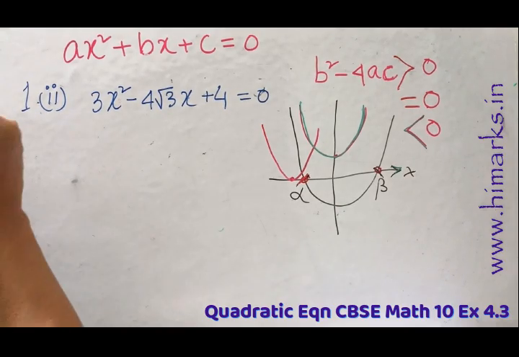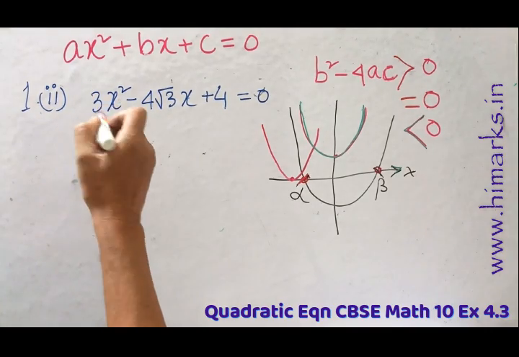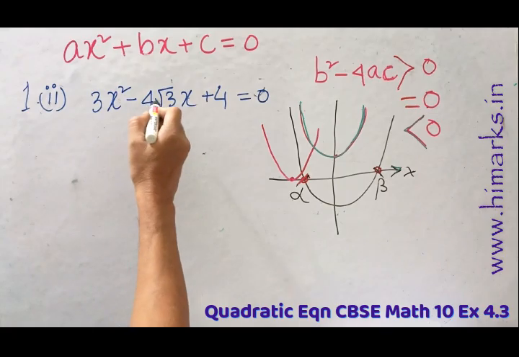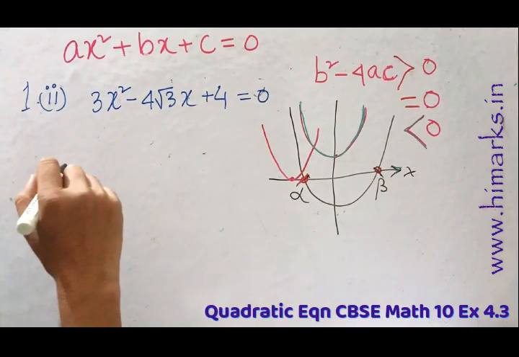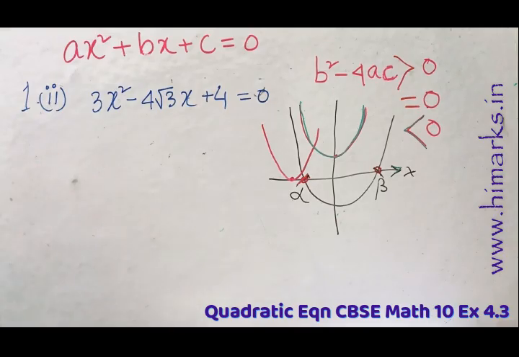So the next question is given: 3x square minus 4 root 3 x plus 4. So what is the process? You have to find the discriminant, b square minus 4ac, that decides the characteristic of the roots, which we discussed in the previous exercise in detail.